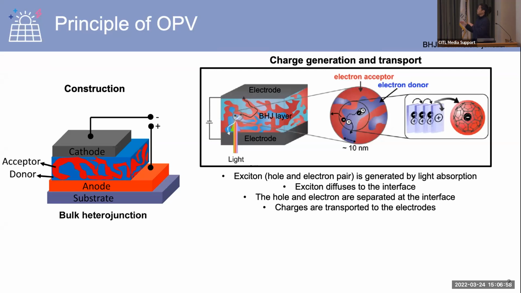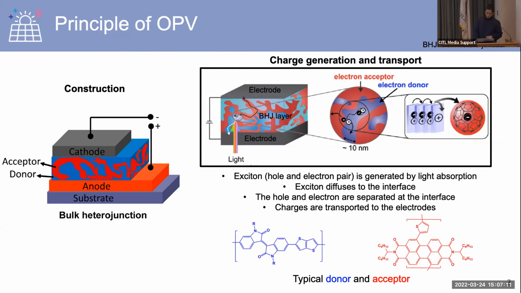The minus charge goes into the acceptor, and the plus charge goes into the donor layer, and they transport through the electrodes, and the power is generated. Here are some typical donor and acceptor materials, and in this research we are interested in these kinds of organic materials used in these layers.